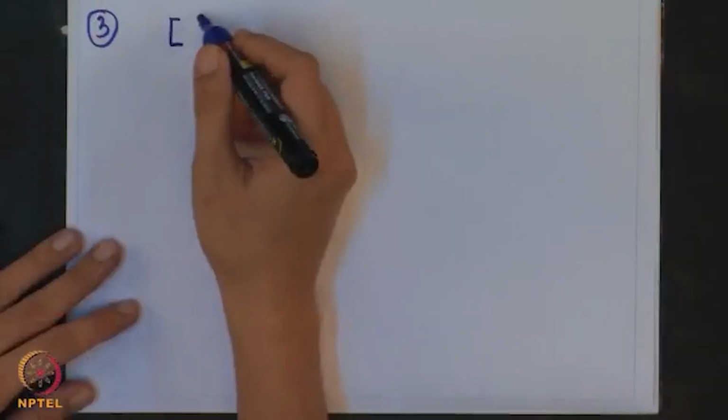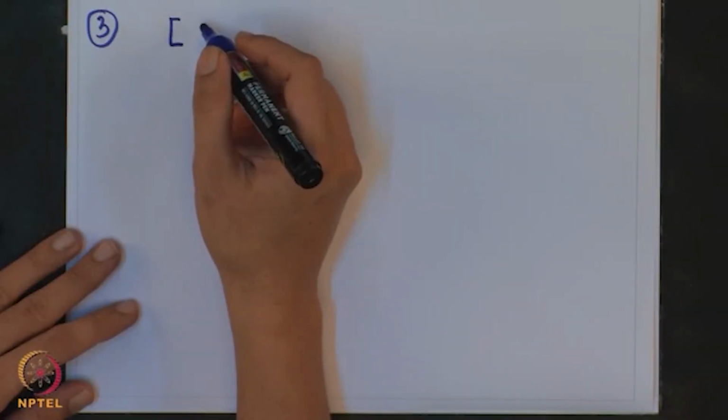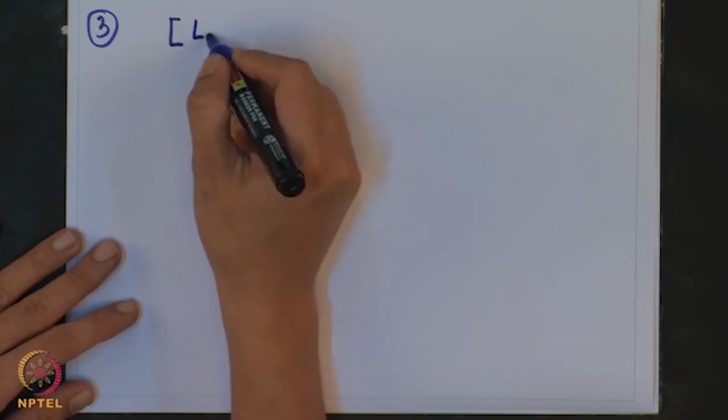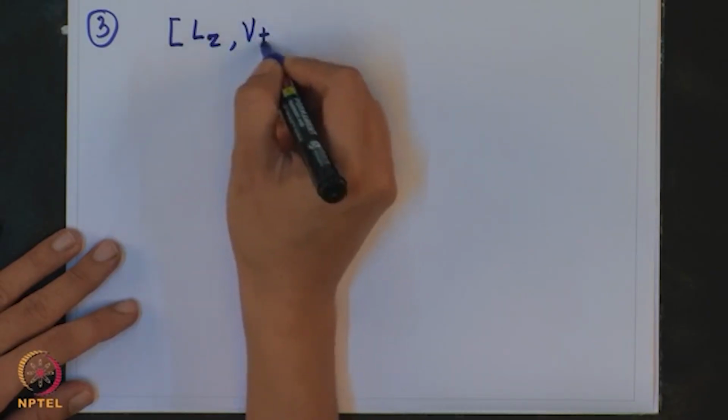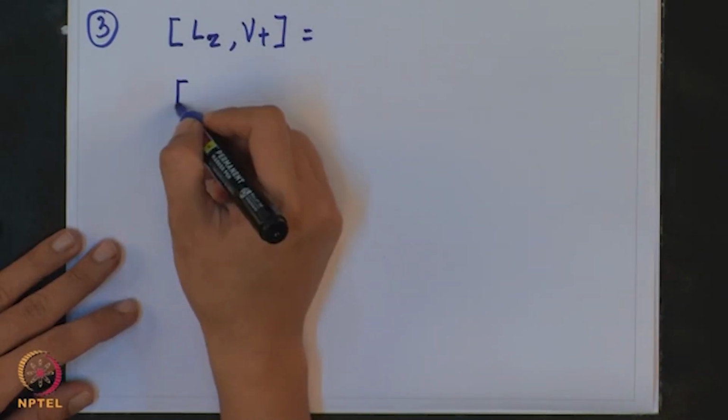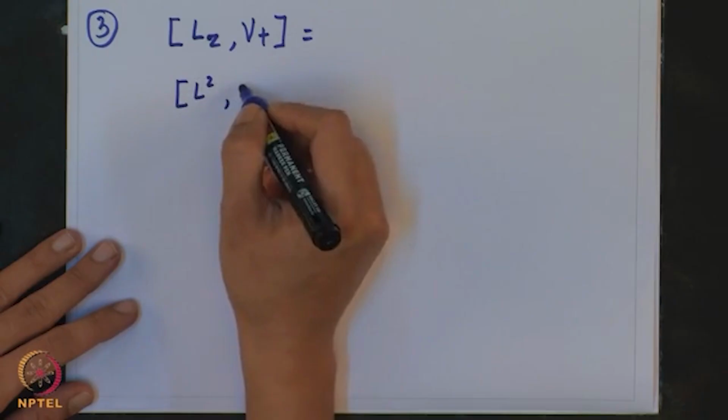Problem 3 is you are given a set of commutator relations, and using those commutator relations you have to dig down and search the results. One of the relations given to you is for Lz with V plus, and L square with V plus.